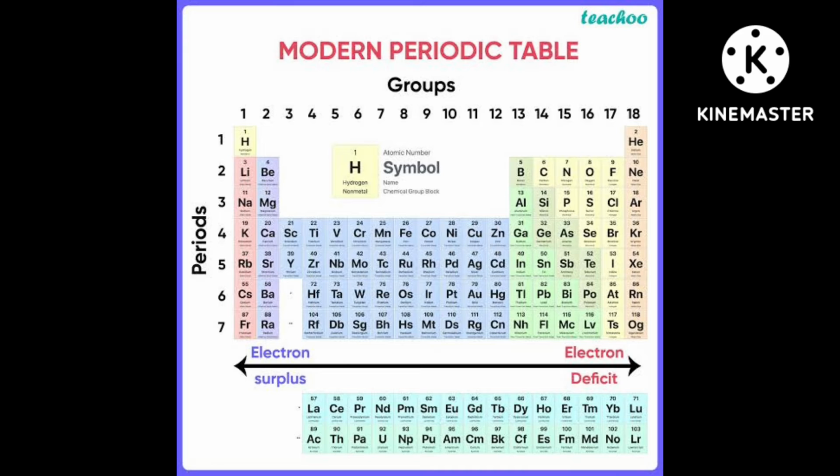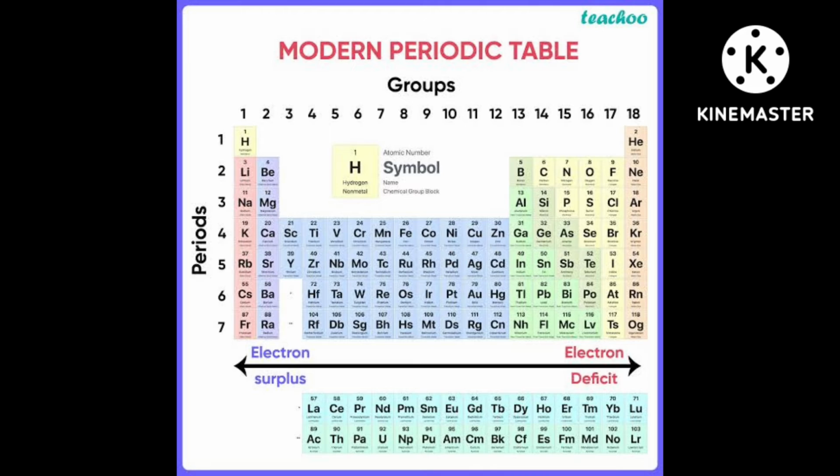A modern version of the so-called long form of the periodic table of the elements is the most convenient and widely used. This modern periodic table is actually the long form of the periodic table.